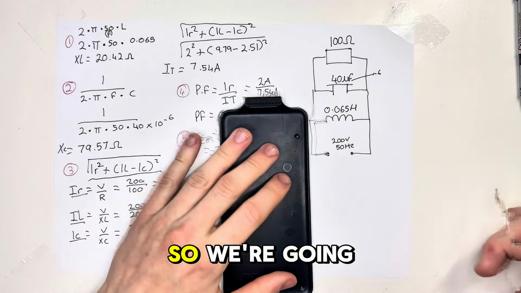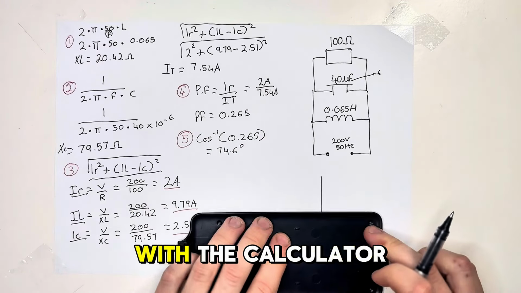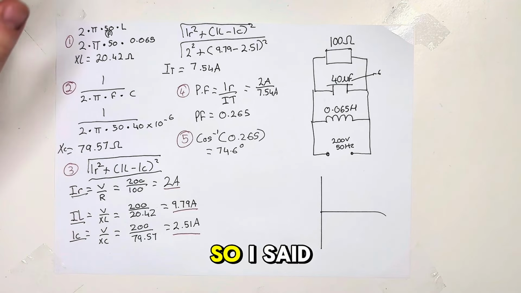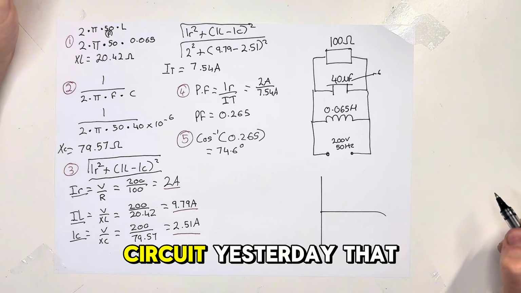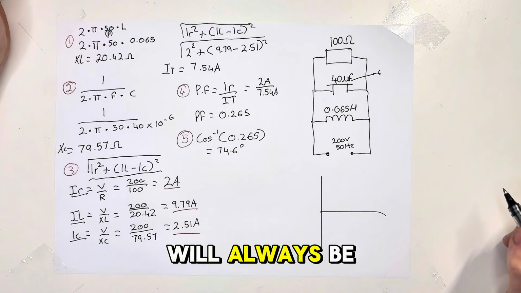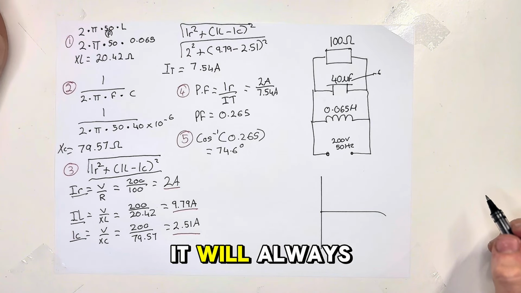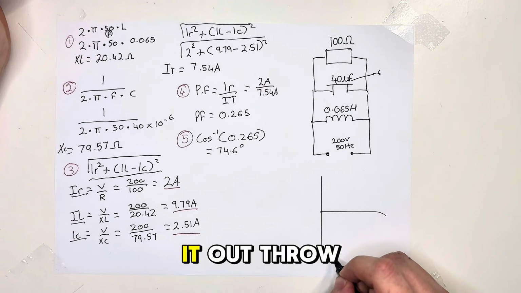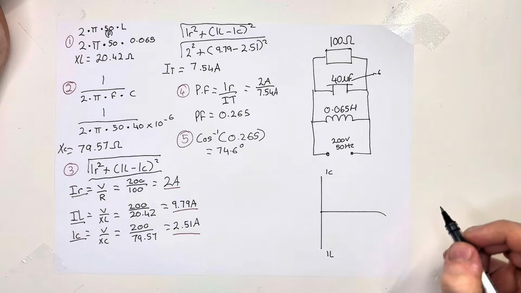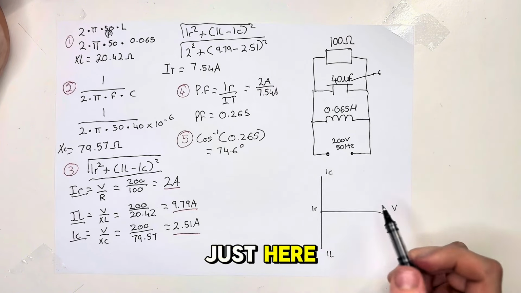Still don't have that ruler, so we're going to show you the phasor diagram with the calculator. I said in the series circuit yesterday that IL will always be on the top in a series circuit, but in a parallel circuit it will always be on the bottom. So we swap it out, throw IC up here, and then we throw voltage here, and IR just here.